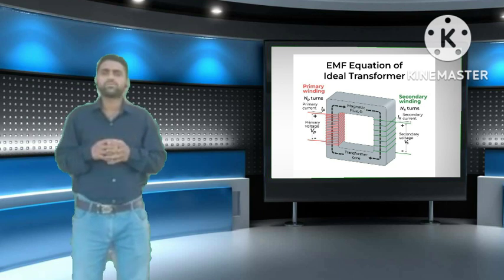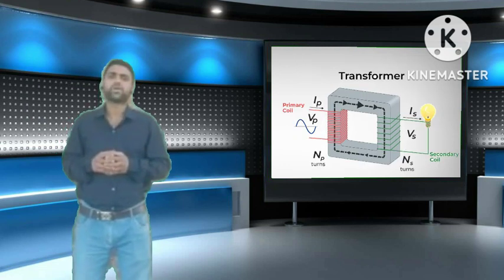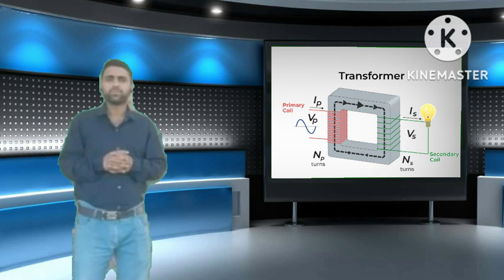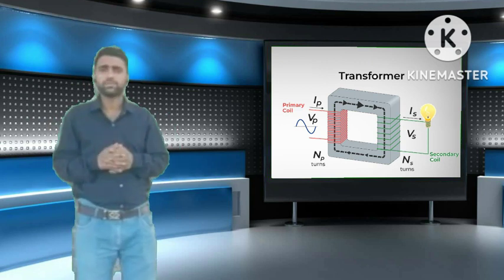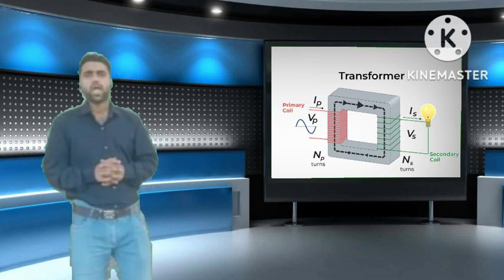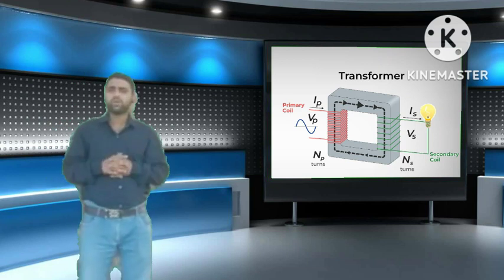Third, the secondary winding of the transformer: the flux produced by the primary winding passes through the core and links with the secondary winding. This winding is also wound on the same core and gives the desired output voltage of the transformer.